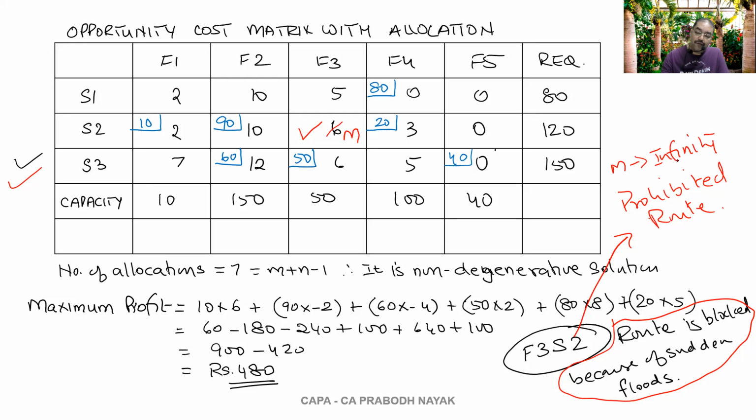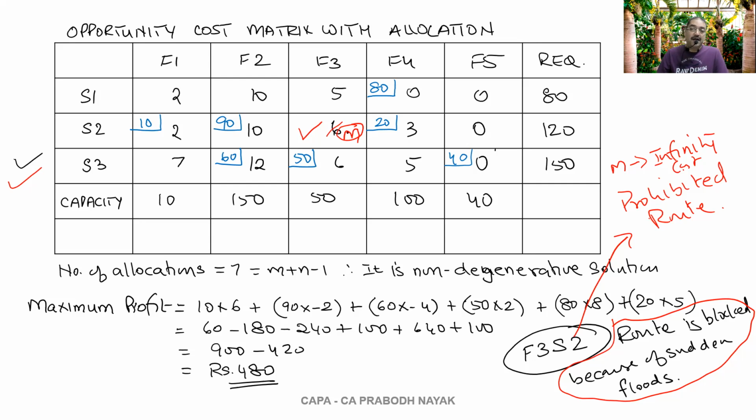You do not know the value because that driver is going to charge you whatever he feels. He will charge an astronomical figure. We say it is infinity cost, represented by M. So if there is an allocation, that allocation gets cancelled because the cost is very high.